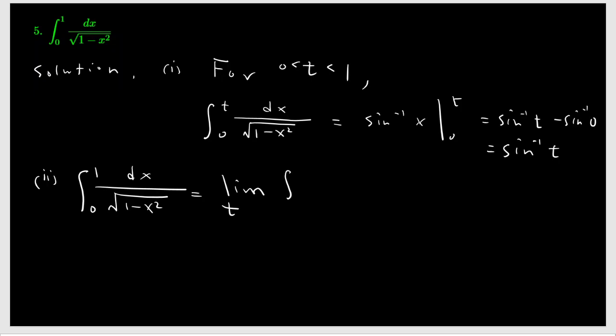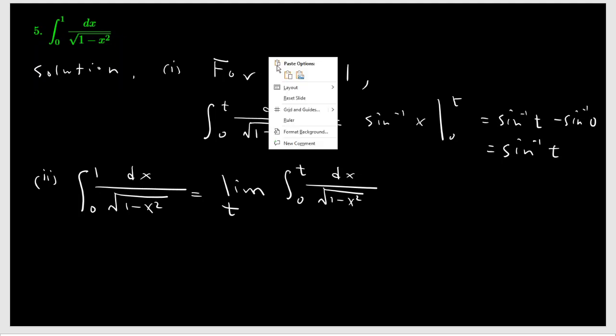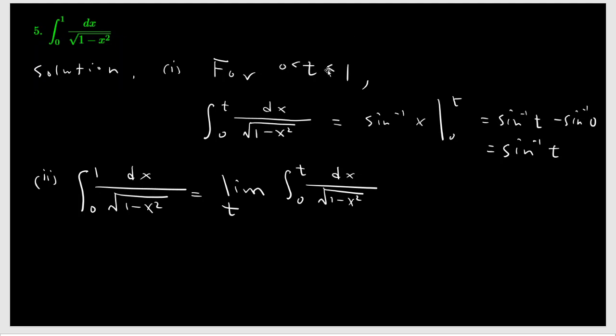We evaluate the integral from 0 to t. T is a number to the left of 1, right? And then you copy everything here. Again, t is a number to the left of 1. You imagine t as a number very close to 1. So the limit is taken as t approaches 1 from the left. Does that make sense?